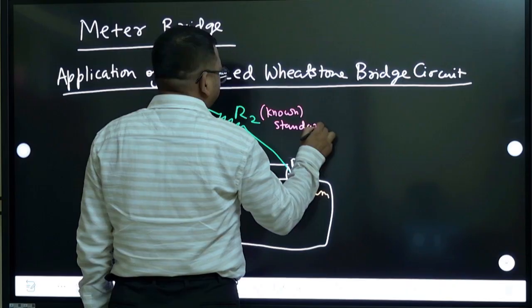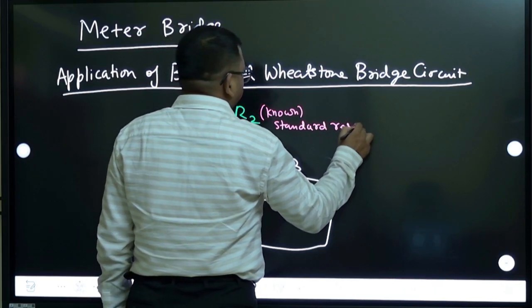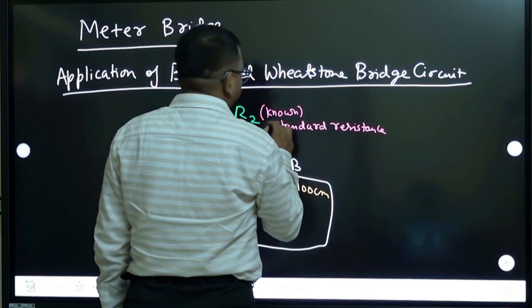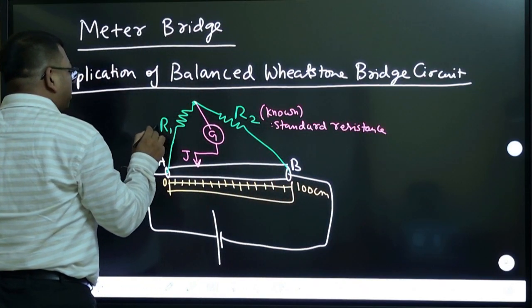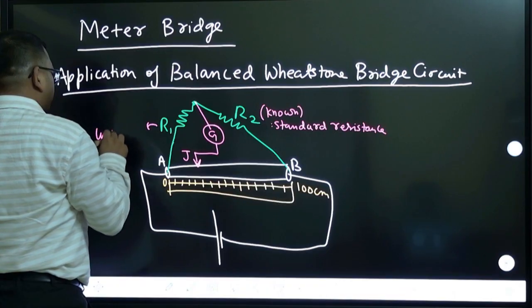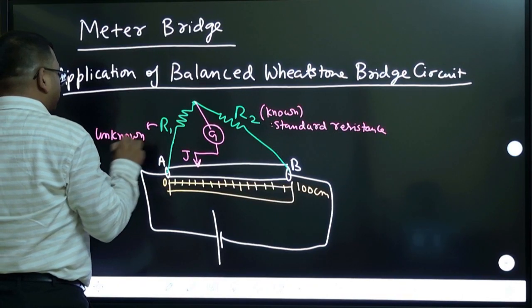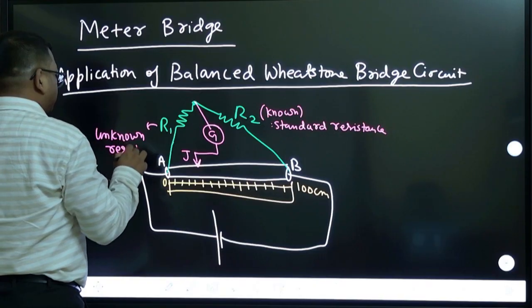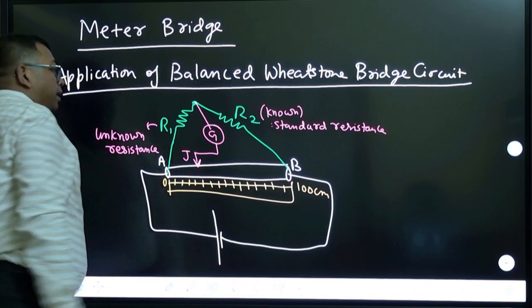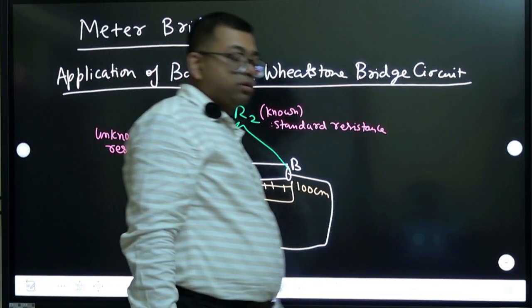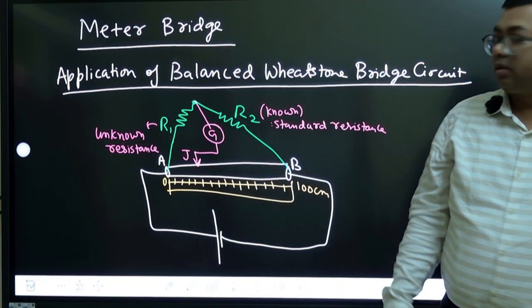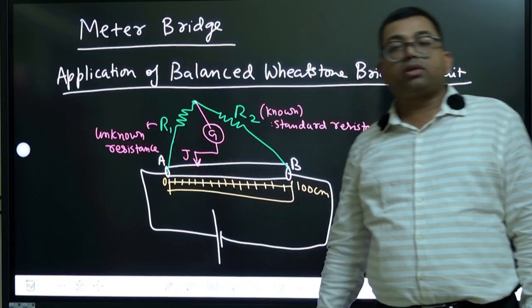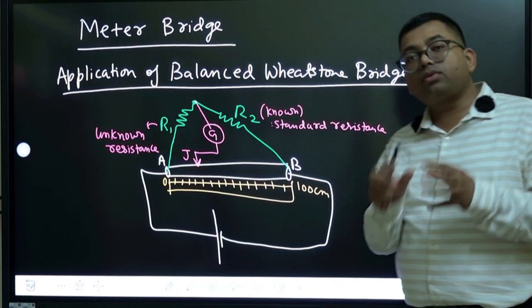Standard means you know this value. This is the unknown resistance, and you want to find out the value of the unknown resistance.